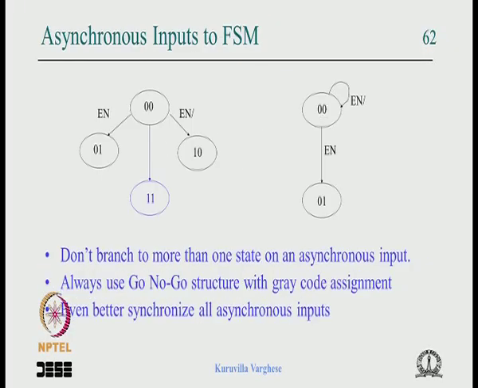Related to it, so now essentially what we have covered is how to handle metastability, what its effect is on a flip flop, and how it affects a sequential circuit and data path, and where the problem really comes in a sequential circuit or in a data path.